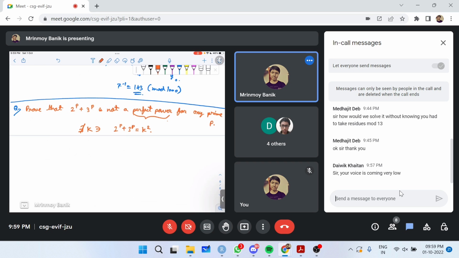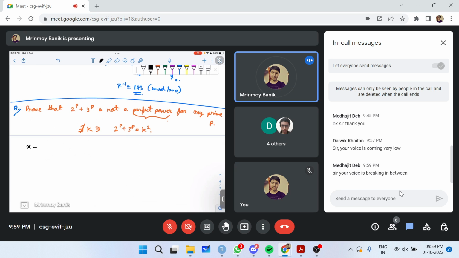Then it's pretty obvious, so use this factorization. Okay, so my voice is breaking. I think it's due to the microphone. So you try the problem. I will try to change my headphone.